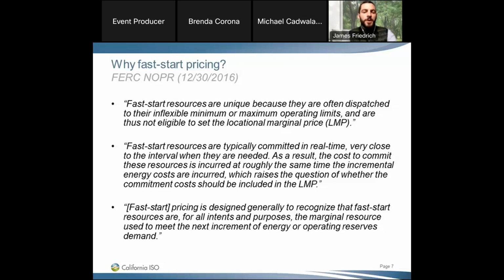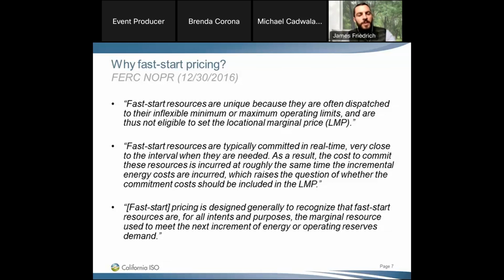That's going to be part of the context of our discussion today, in which we'll demonstrate how it might look to include the commitment cost of a fast start resource in the actual price. We saw in the last workshop that the market can have to rely on uplift payments to compensate resources for the commitment cost of being part of the market, because the fixed costs of a resource are not part of the locational marginal price. So that's the background there.